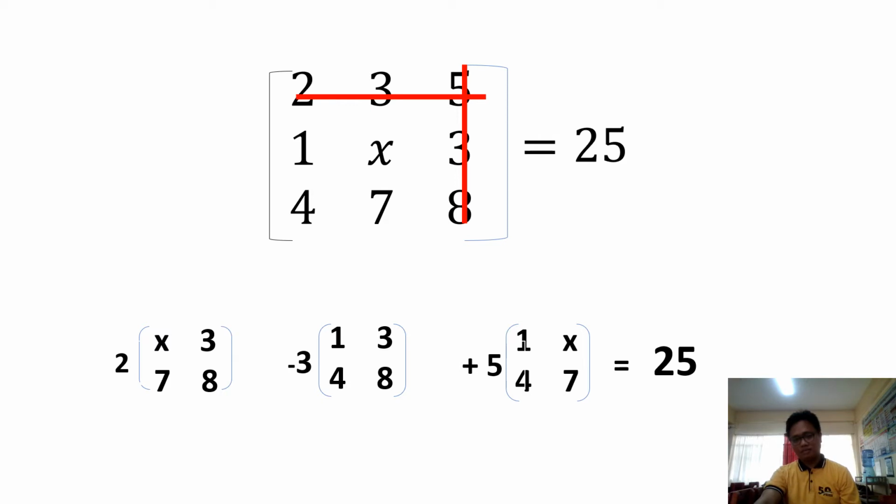So we have now our smaller 2 by 2 matrices coming from the given. As you can see, you have your scalar multiplier starting with this positive 2, then we have negative 3 and positive 5.